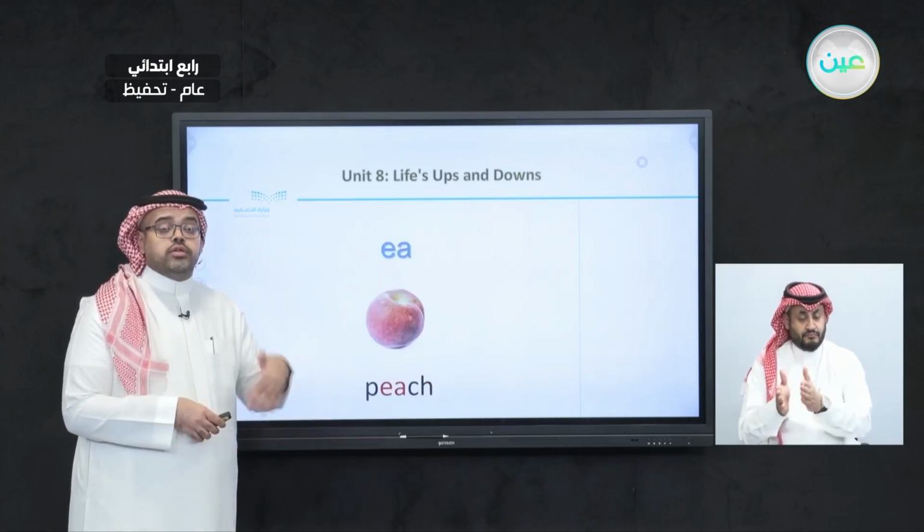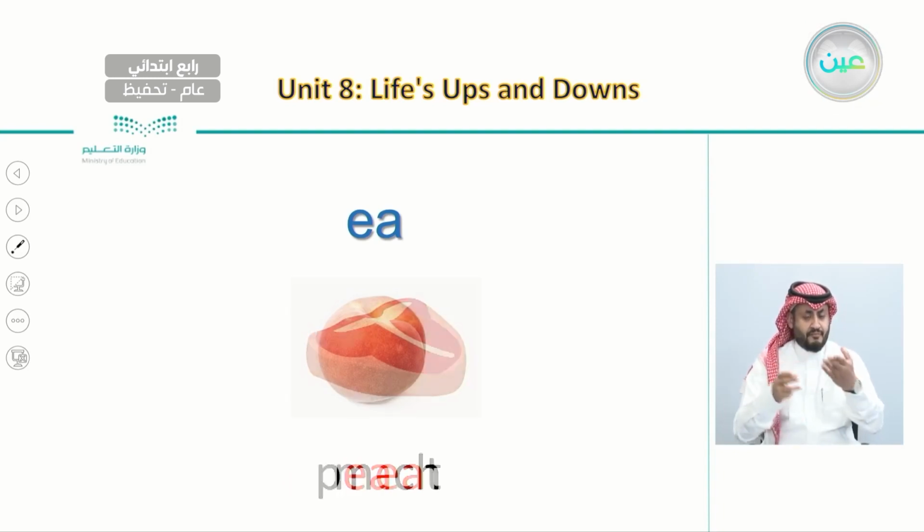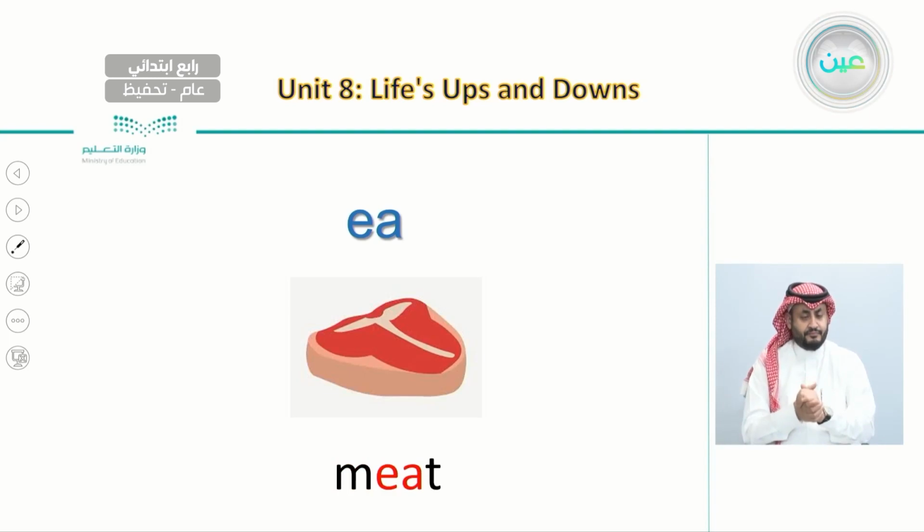Now let us move on to the next set of words that has the EA sound. The first one is peach. Say with me, peach. Peach, which is a fruit. And then we have meat.